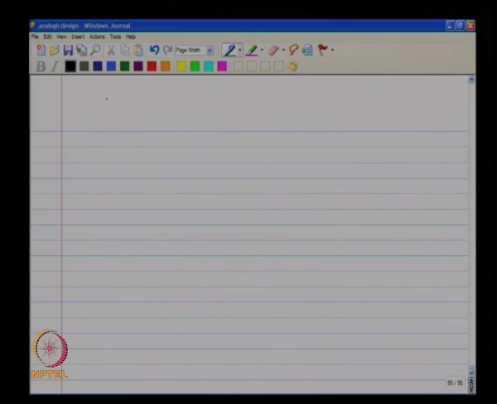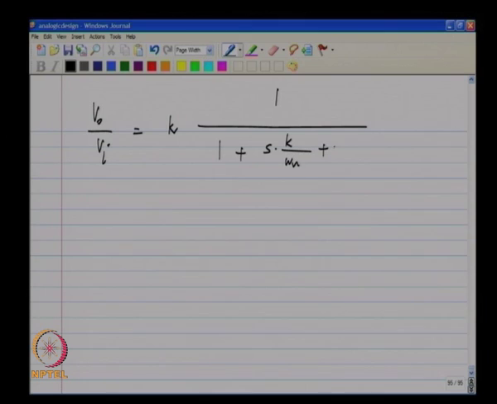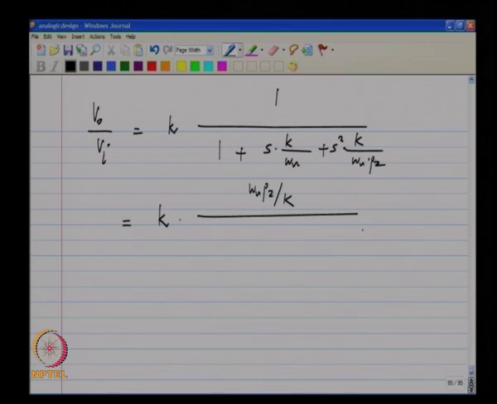So, rewriting this again, V naught by V I is the ideal gain k times 1 plus 1 by 1 plus s times k by omega u plus s square times k by omega u times P 2, which I will rewrite in the standard form for second order systems by multiplying both the numerator and denominator by omega u P 2 by k.